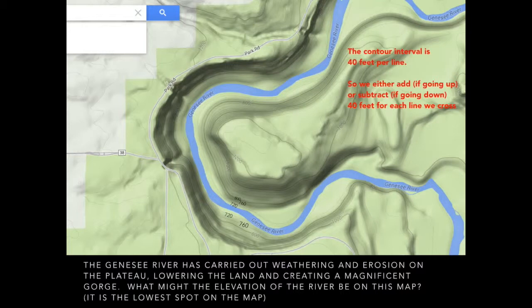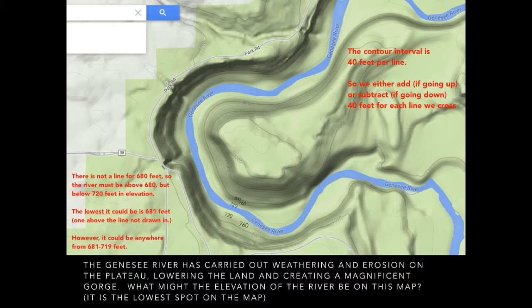So we don't have a line for 680, which means that the bottom of this river can't be 680. However, it has to be below 720 because the river is not on the 720-foot line. So the lowest it could be is 681 feet, which is one above the line that wasn't drawn in.